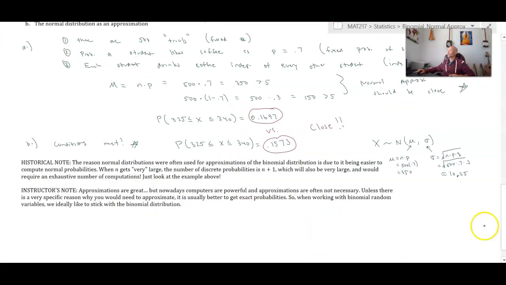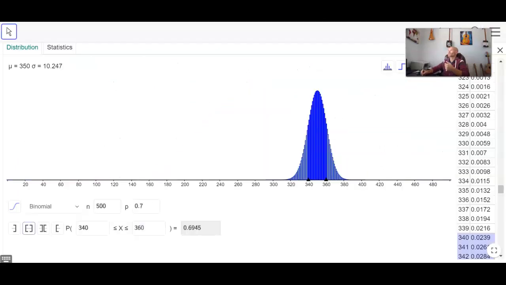So why would we do this if we don't get the exact result? Wouldn't it be better just to use the binomial? In a nutshell, yes, it would. The reason normal distributions were often used historically to approximate the binomial distribution is that it's easier to compute normal probabilities. You have to compute a single area. But when n gets very large, there are n plus 1 bars in the distribution.